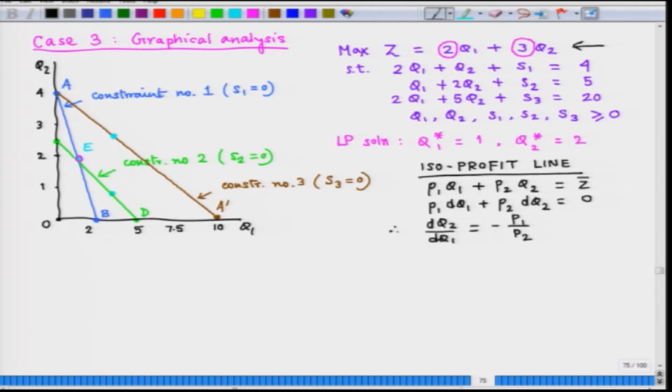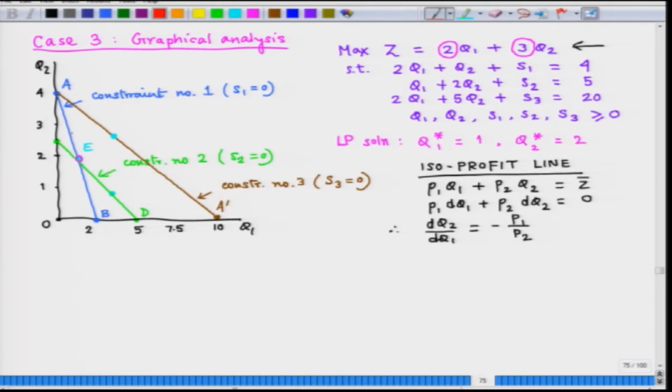So, now let us see how this is going to be useful. Let us now go back to the graph. You can see that the iso profit line in this case will actually pass through the intersection point E, and that will give the highest possible iso profit line that can be obtained by the firm.